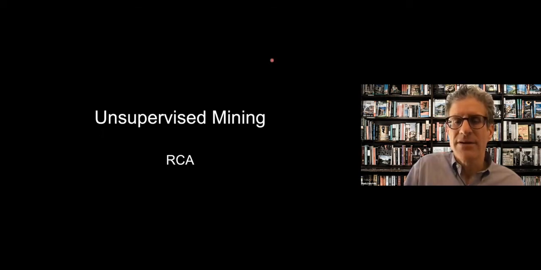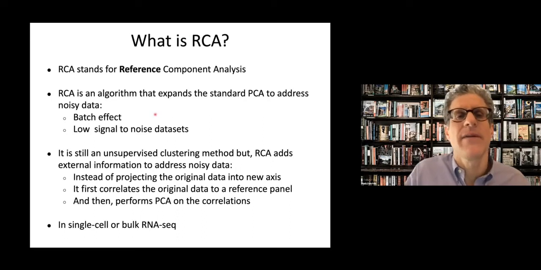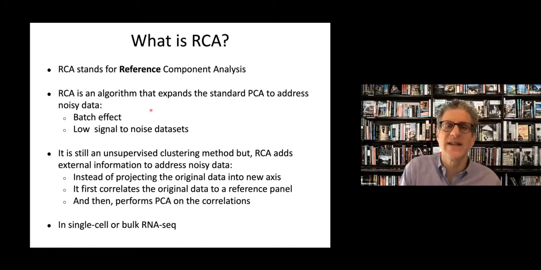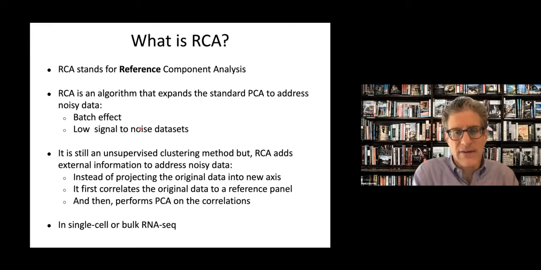Now I'm going to go on to another extension of SVD, from biplot to RCA. RCA is basically like doing SVD or PCA, but sometimes there's a lot of noise in the data, and we want to denoise the data first.